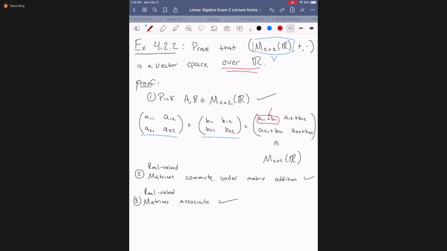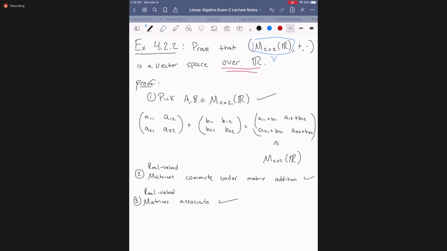You use the fact that real numbers commute under addition. That's why I said you don't have to show it, because it's kind of obvious, but I just wanted to make sure you knew that. Same thing with associativity: real numbers associate under real number addition.